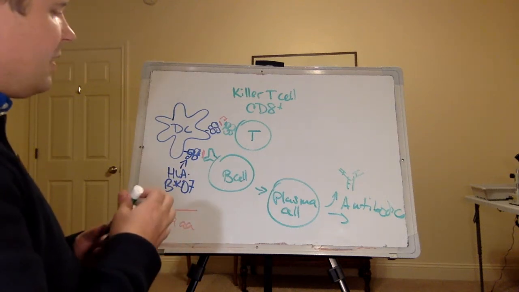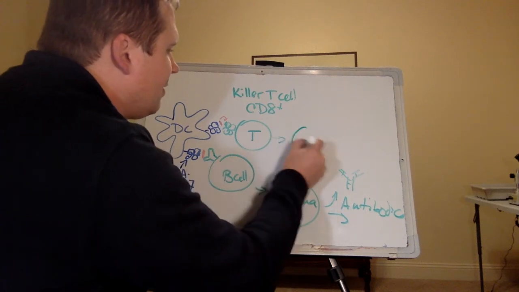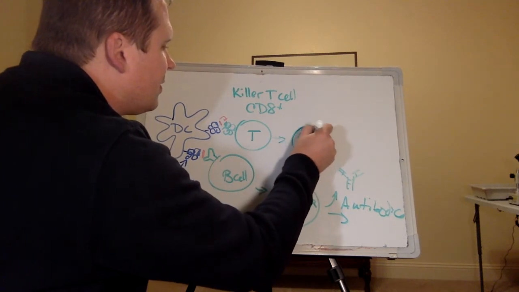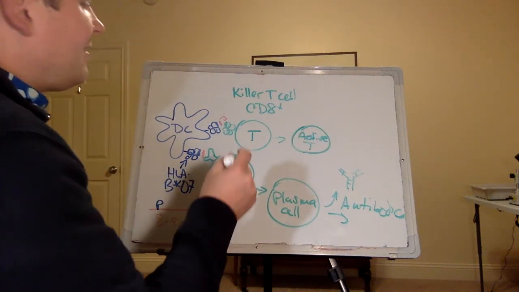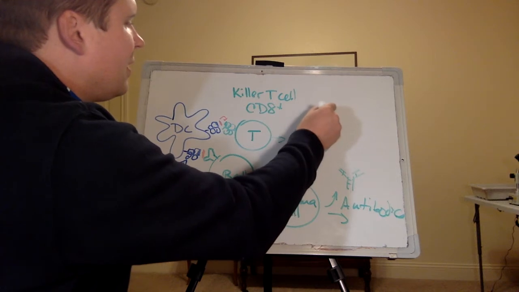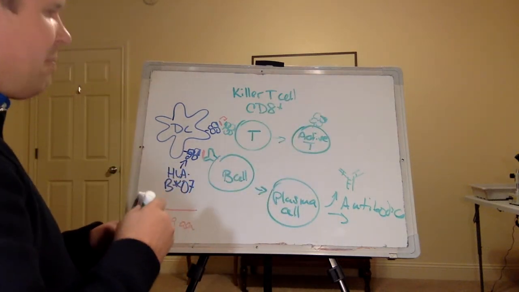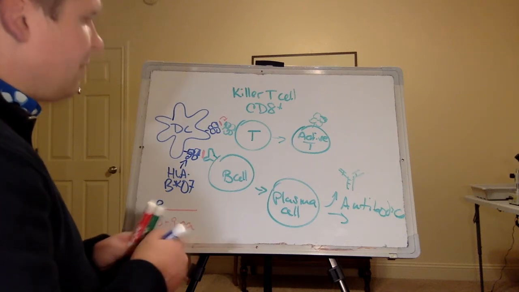The T cell, if it is activated, it'll become an activated T cell. Active T. And active T goes out, looking for a cell with that same peptide on it, and it goes out to kill those cells.